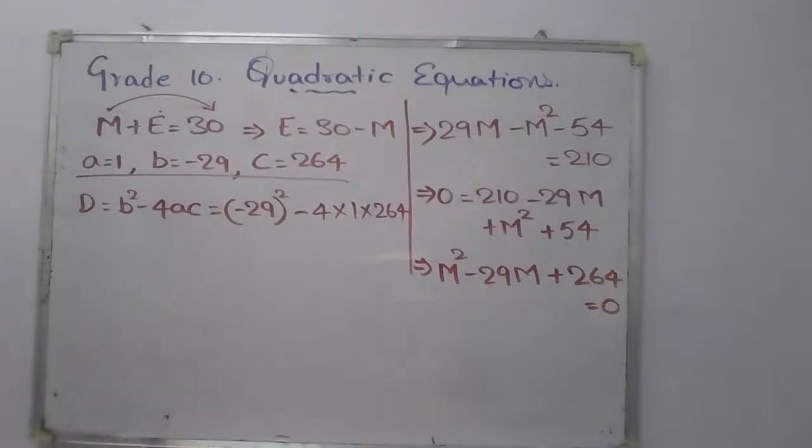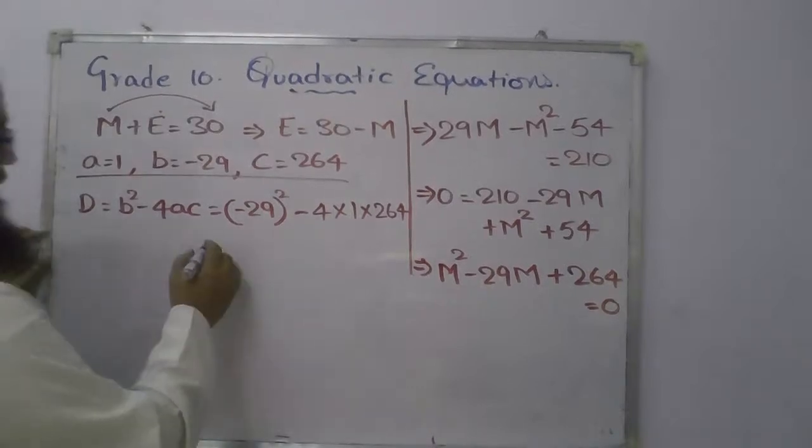So what is 29 square, my dear students? 30 square is 900, and so 29 square will be 841.